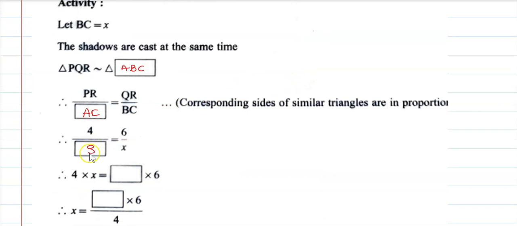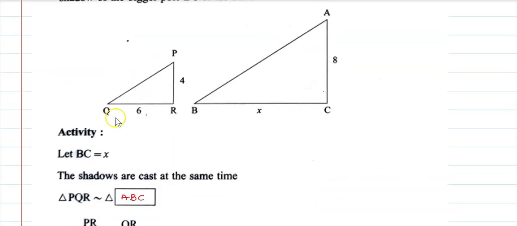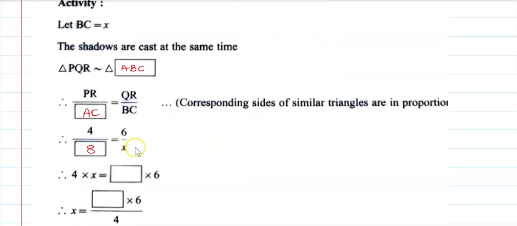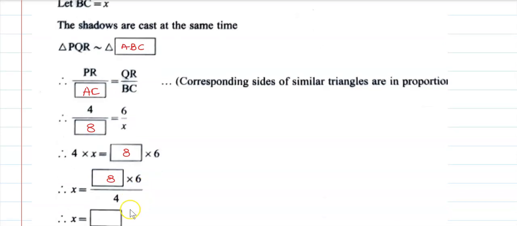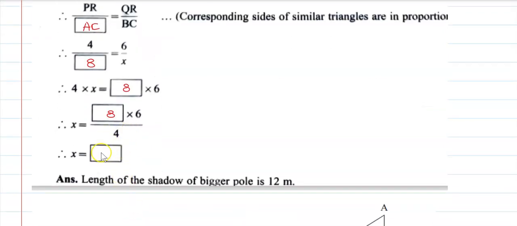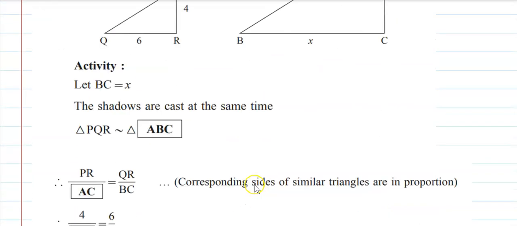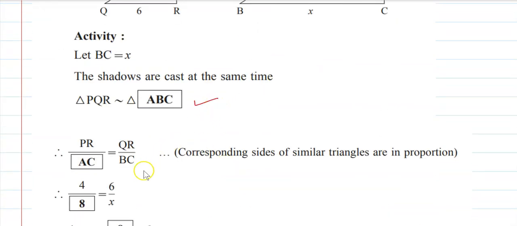QR is 6 and BC is X. Next, cross multiplication. 4 into X is equals to 6 into 8. Therefore, X is equals to 8 into 6 upon 4. Simplification. Therefore, you will get X is equals to 12 meter. And hence the length of the shadow of the bigger pole is 12 meter. पुन्हा तेच इथे answer side.